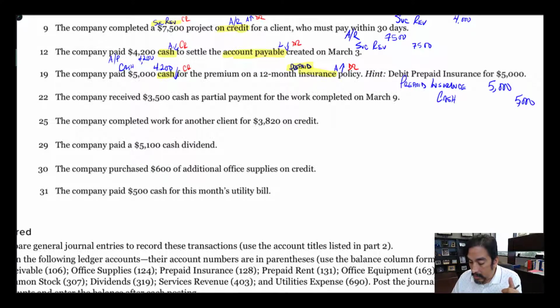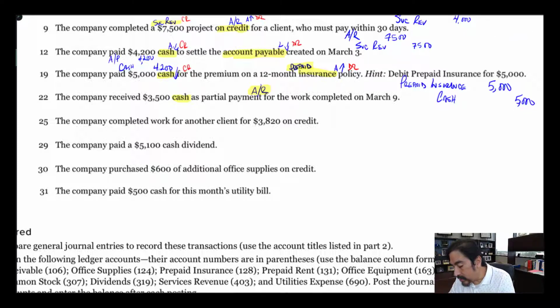And now we've received part of that to pay down accounts receivable. So our accounts, we received cash. And it doesn't say it here, but the other account is accounts receivable from back on March 9th.